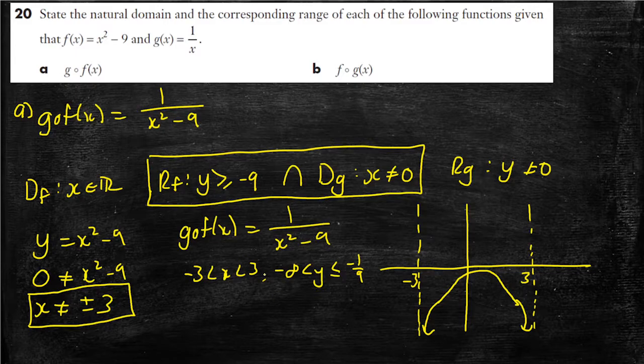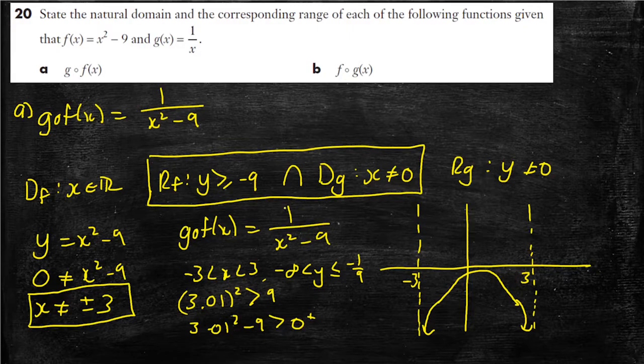Now let's look at what happens when we go more positive than 3 or more negative than negative 3. So let's get close to 3 now. Let's pick a number that's just a little bit bigger than 3, say, for example, 3.01. We know that 3.01 squared is going to be bigger than 9, so when we do 3.01 squared, take away 9, that's going to be a positive value, just a little bit bigger than 0.